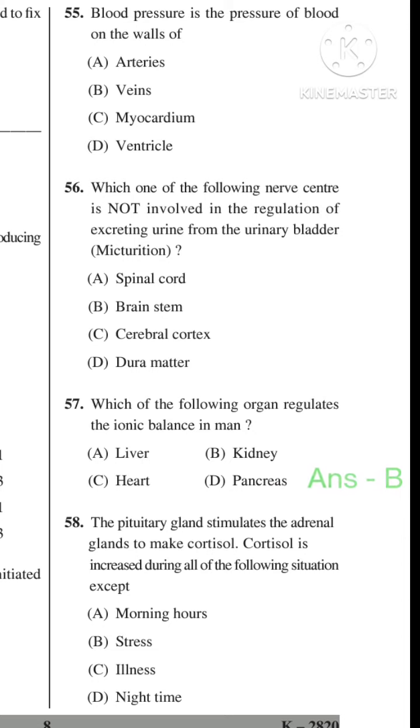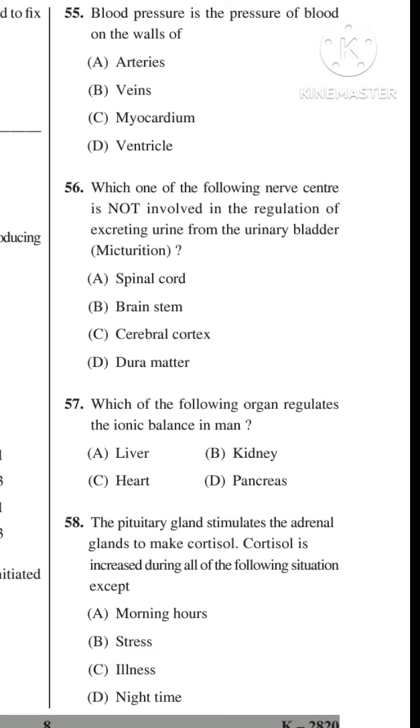The next question number 58, the pituitary gland stimulate the adrenal glands to make cortisol. Cortisol is increased during all of the following situation except. So remember, cortisol is a very important hormone produced by the adrenal cortex, and it increased in most of the time except night time.